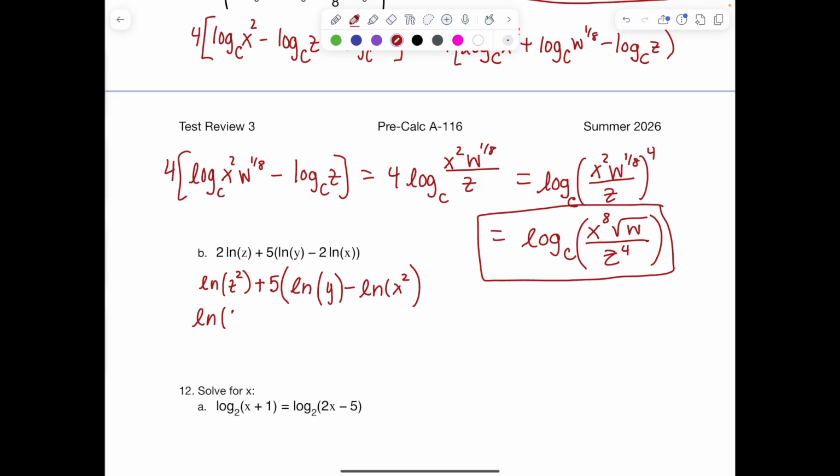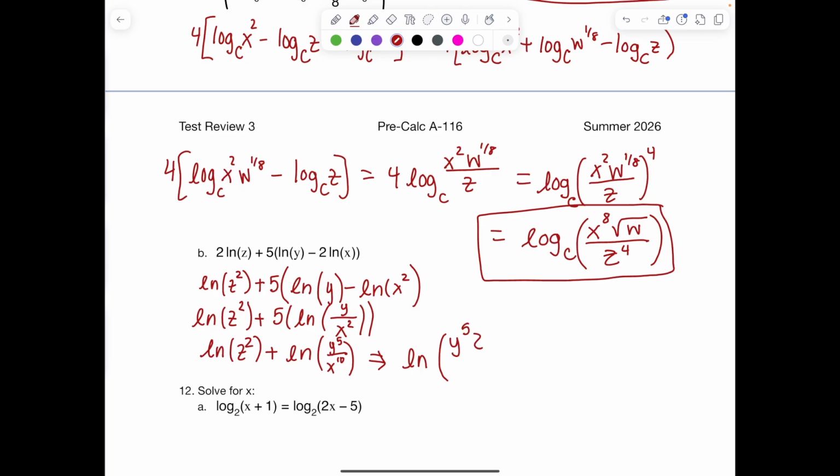Then I'll get ln of z squared plus 5 ln, so that gives me y all over x squared. Then that gives me ln of z squared plus ln of y to the 5th all over x to the 10th, which then gives me ln of y to the 5th z squared all over x^10. And that's going to be my answer.